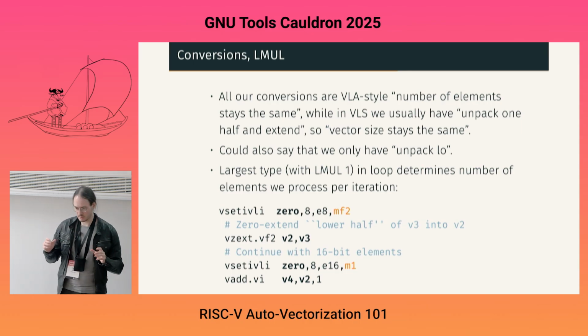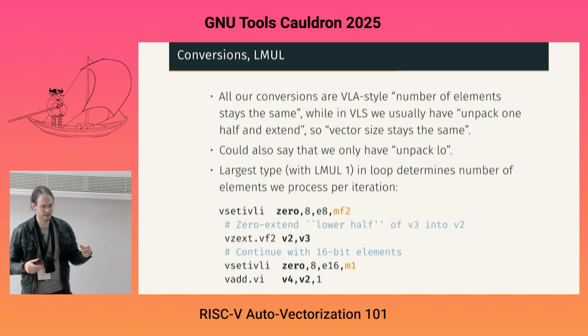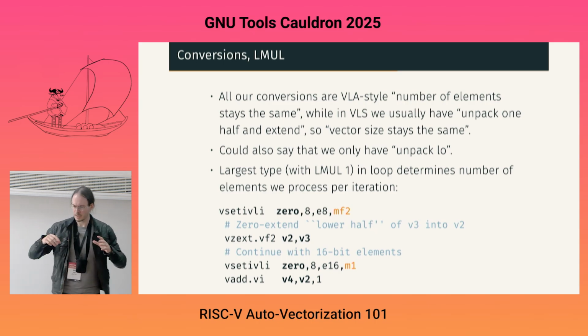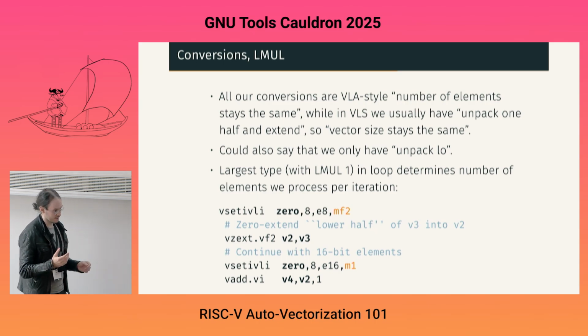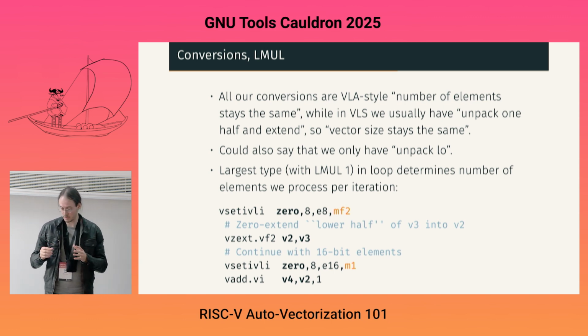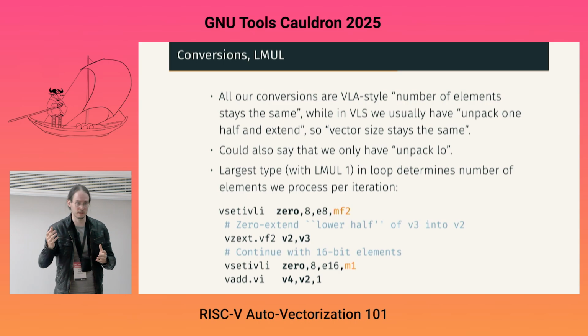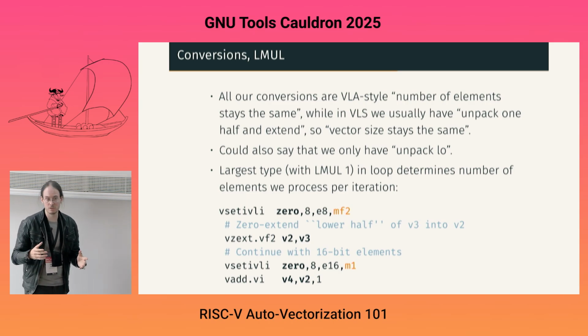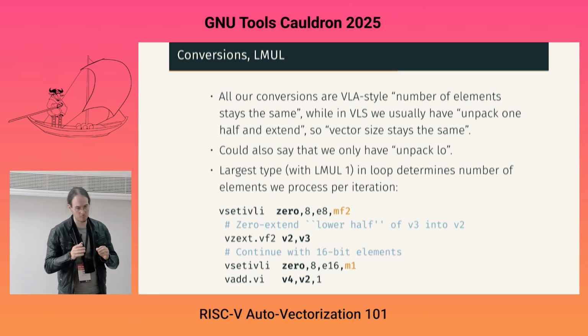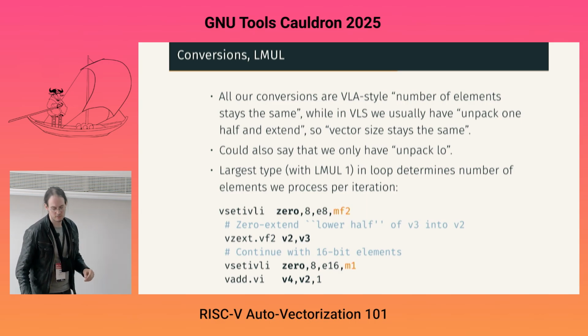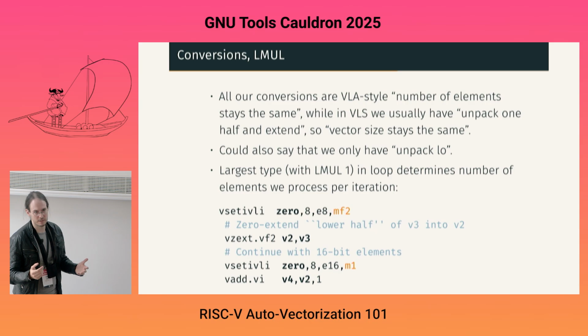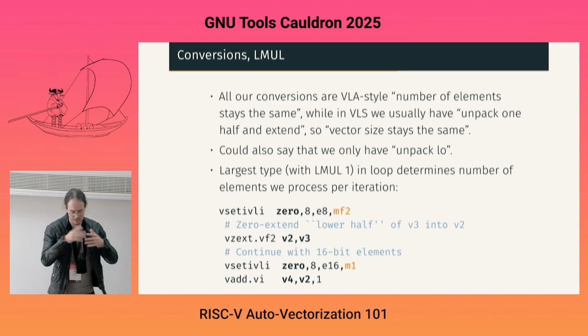All our conversions are, I call it VLA style, that's not a proper term, but we keep the number of elements the same, while in VLS, we usually have unpack low and high, and the vector size stays the same. But you need two vectors then. So that's the difference. We try to keep the element number fixed across the conversions, and unpack low and high don't, basically. I mean, it's still the same concept, of course. They're related.